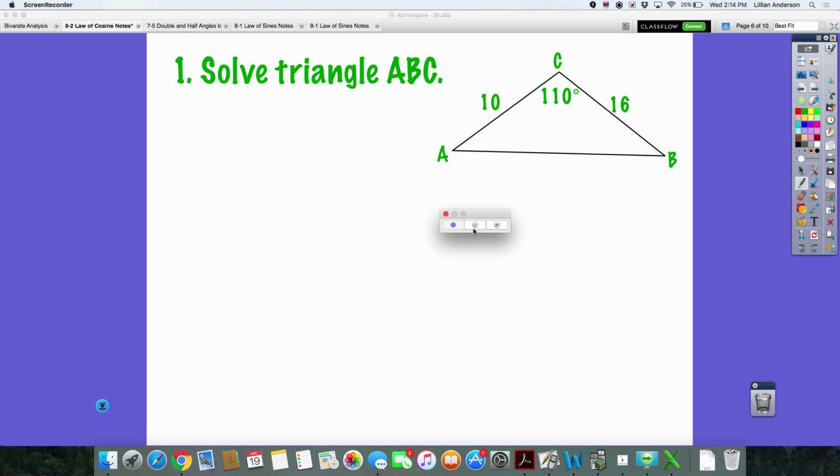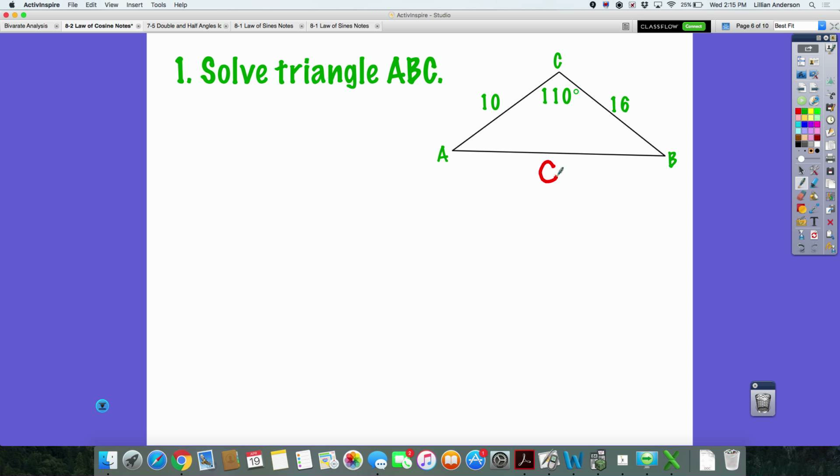So, to solve this triangle, we need to figure out a side or an angle. Since this is a side angle side situation, we want to start by using law of cosines to find side C. Okay? We're looking for side C. And we can't really find anything else because we don't have enough information.